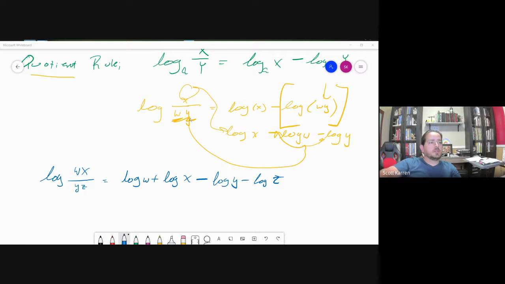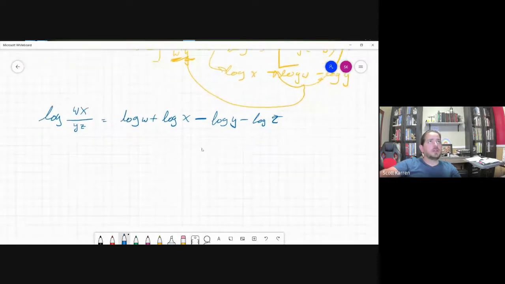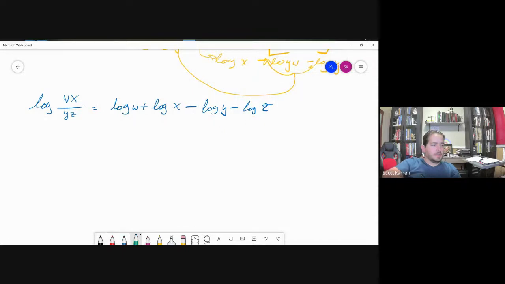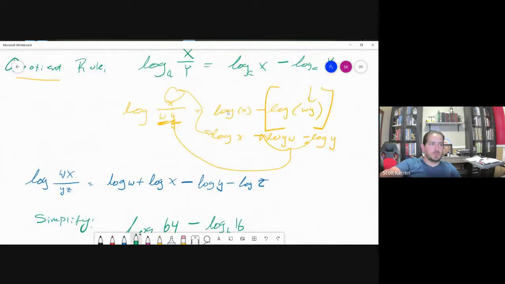Okay. So that'll help us in solving things that look like this. If I have, say, the log base b, I don't know what that is, of 64, and I'm subtracting the log base b of 16, I can combine this by going the other way with this quotient rule, right?